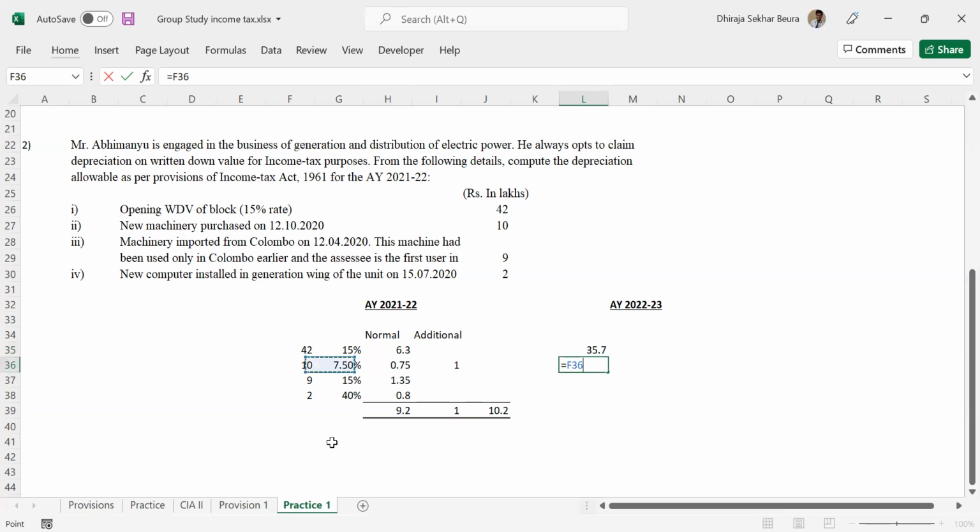Okay. Now that I have given that information, and I'm telling you for the next year, these are the balances that we have now for each of the components of the assets. Tell me what is the normal depreciation, what is the additional depreciation, and the total. Normal will be 15 for the first one, 15 for the second one as well.